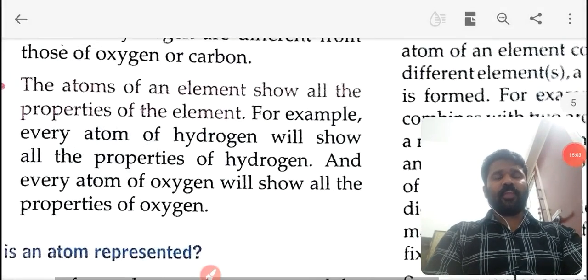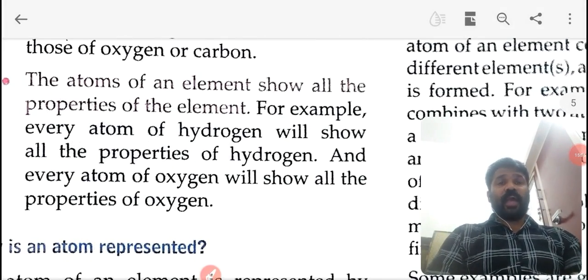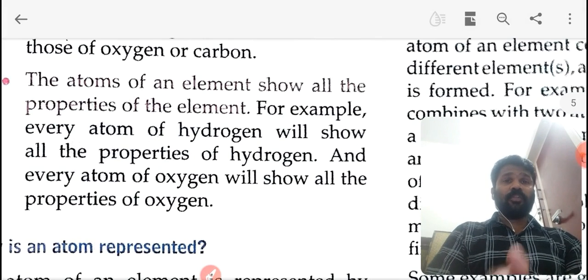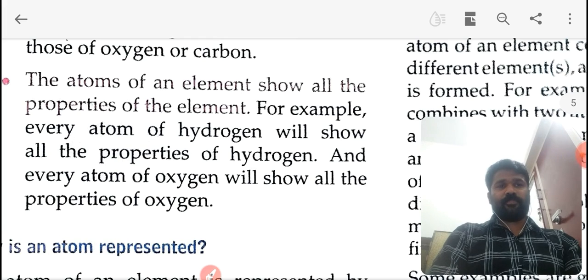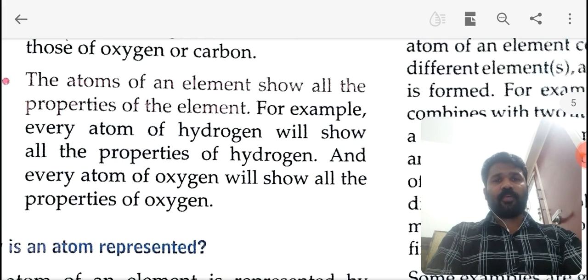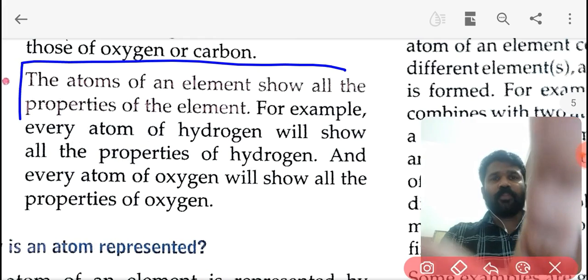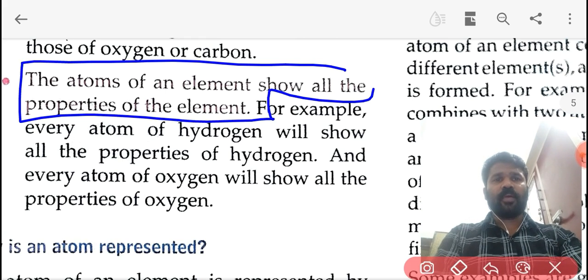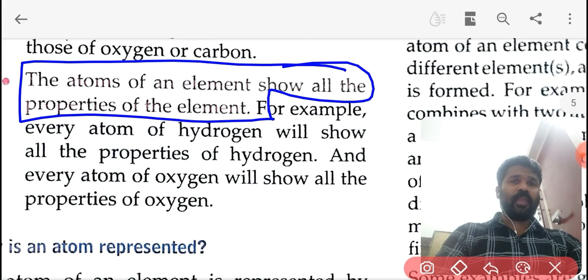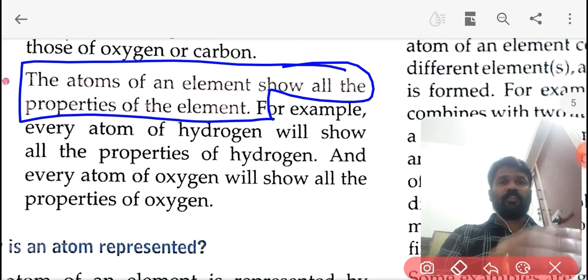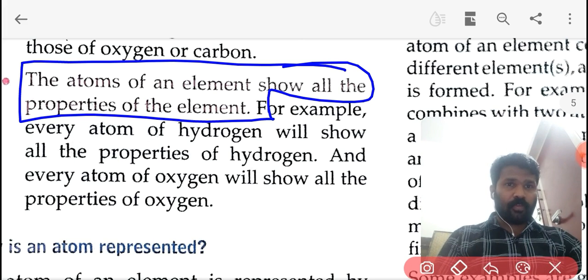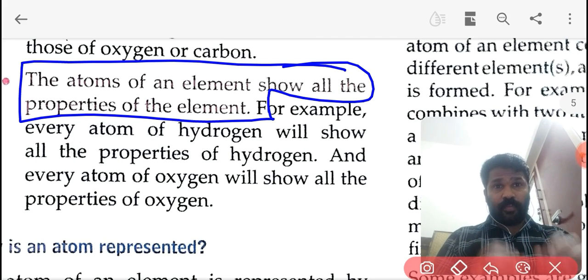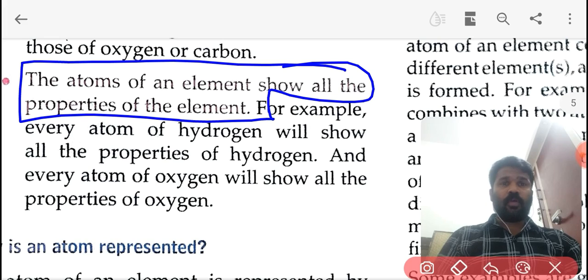Another characteristic is that the atoms of an element show all the properties of the element. For example, every atom of hydrogen will show all the properties of hydrogen, and every atom of oxygen will show all the properties of oxygen.